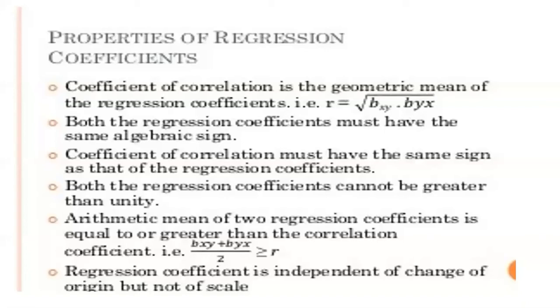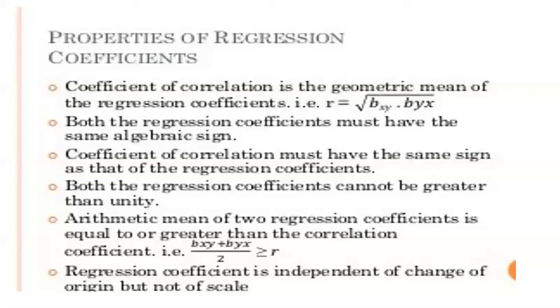Here one formula is there: (bxy plus byx) divided by 2 is either equal to or greater than r. Then the regression coefficient is independent of change of origin but not scale. Here one major difference arises that generally people get confused about: the correlation is independent of both origin and scale.